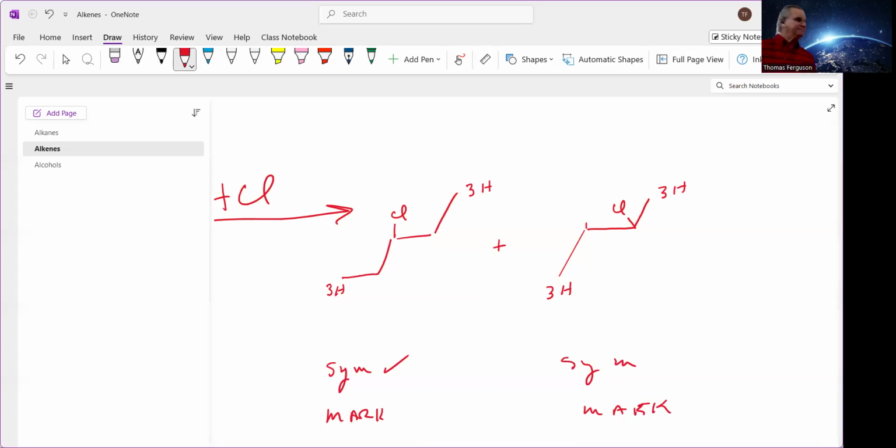It's a tie, 6 and 6. So you can't tell from Markovnikov which is more stable, only through symmetry. And this is why symmetry is important. Markovnikov is okay, but symmetry frequently will help you.